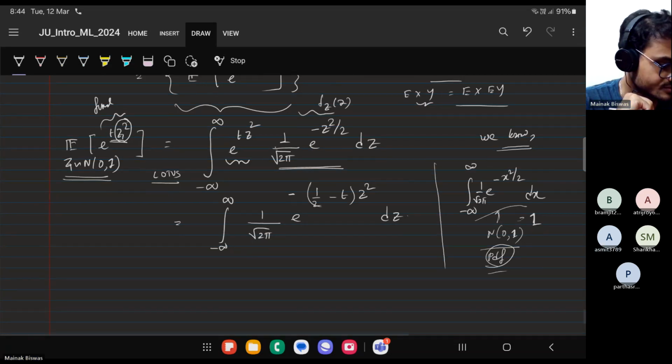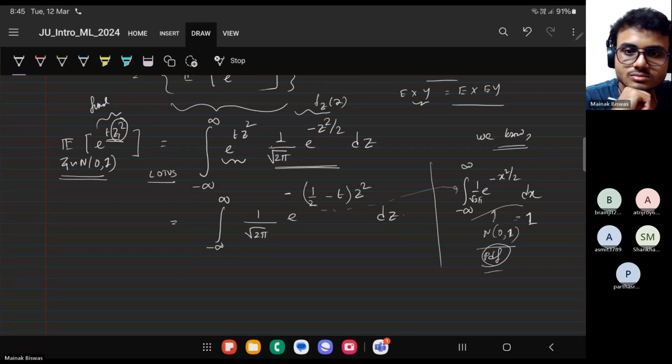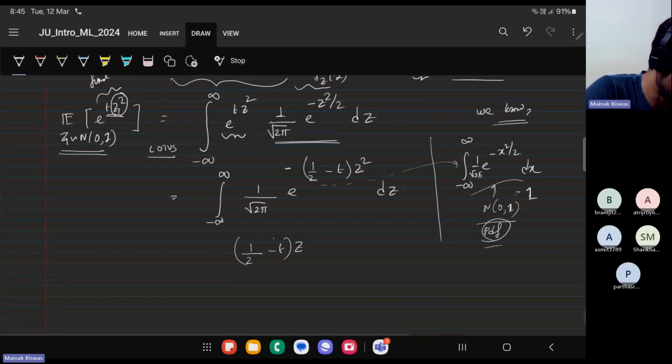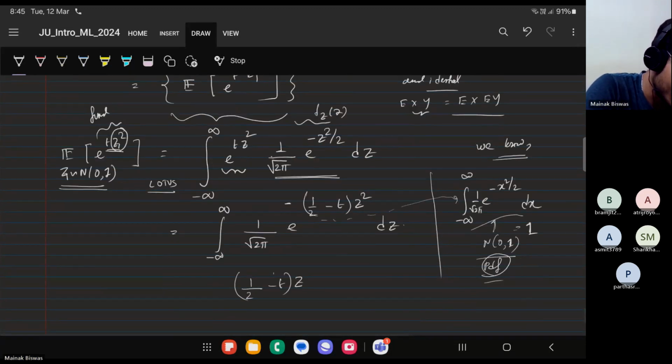So how will I convert this to this? Simple. We can take root over half minus t as k and multiply, or I can just take root over half minus t as x. Something like x by root 2.